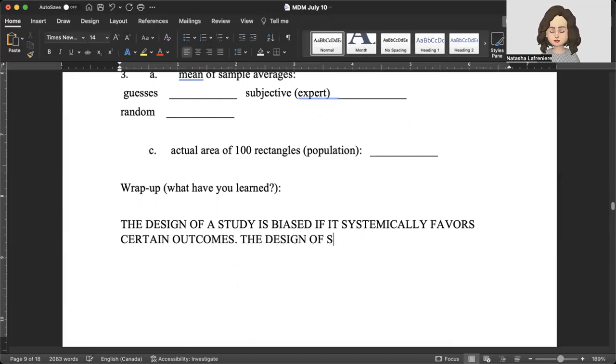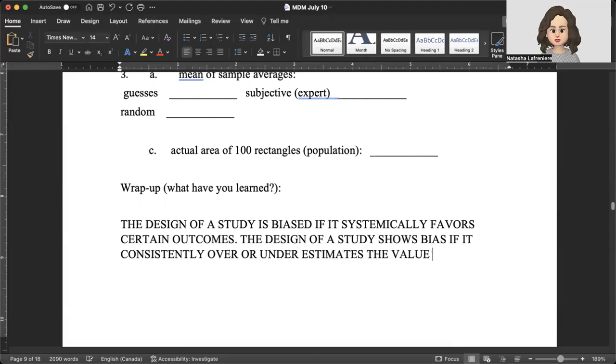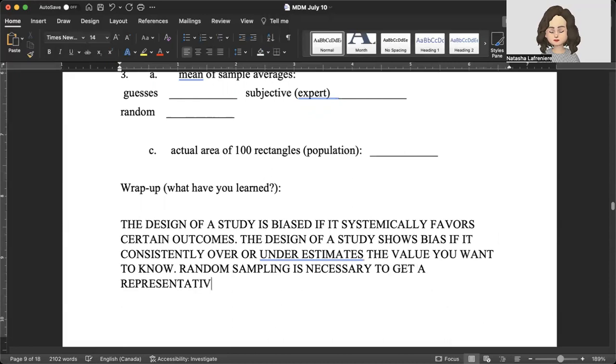The design of a study shows bias if it consistently over or under estimates the value you want to know. Random sampling is necessary to get a representative sample.